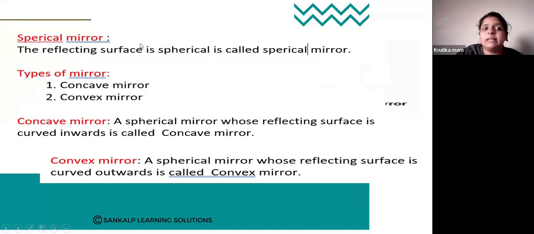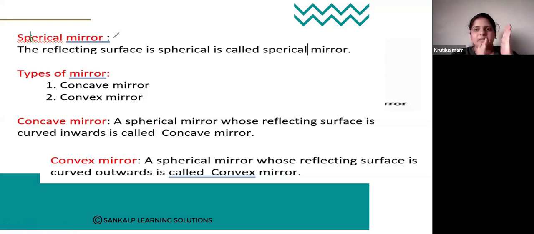Spherical mirrors means the reflecting surface is spherical, which is called the spherical mirror. So spherical mirrors anta andre no. Whenever you have a spherically reflecting part, so plane mirror alli enagutte, it is looking like this.